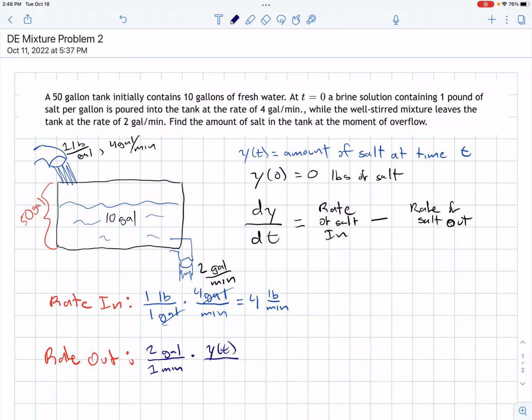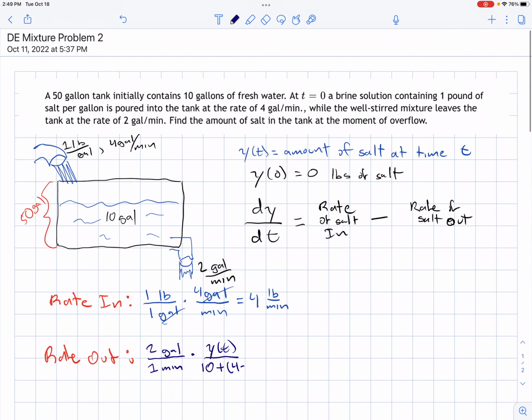We know that our tank starts out at 10 gallons, plus the rate going in, which is 4 gallons per minute, minus the rate going out, so the total being gained as time goes on is that difference. Again, to double check, we want it in pounds per minute.